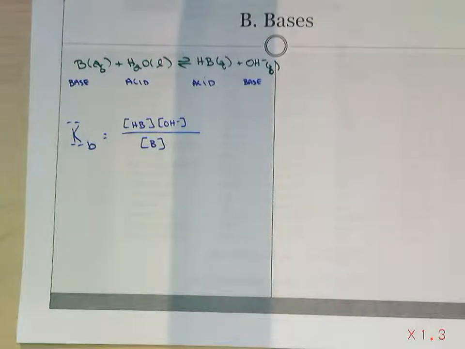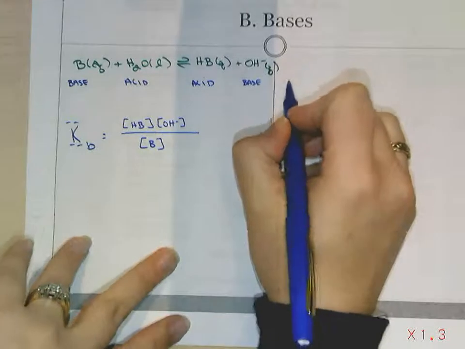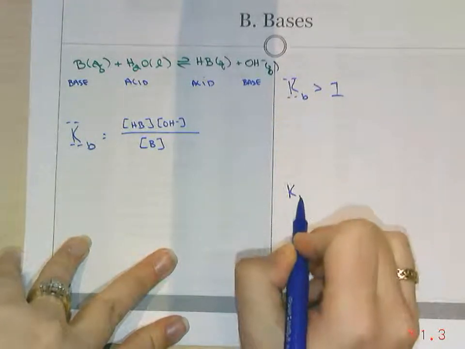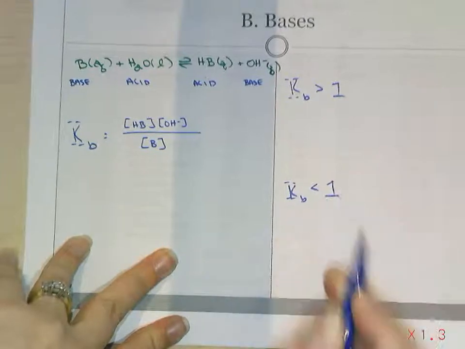All right, so let's now think through our two options, right? We could have Kb greater than 1, or we could have Kb less than 1.